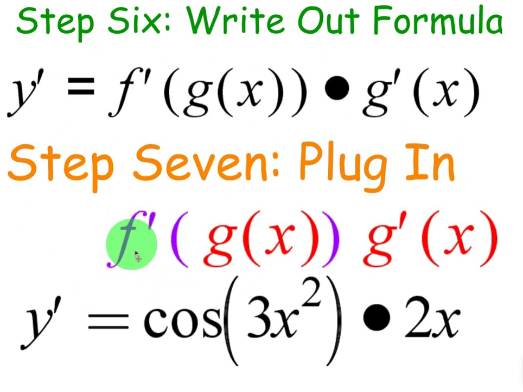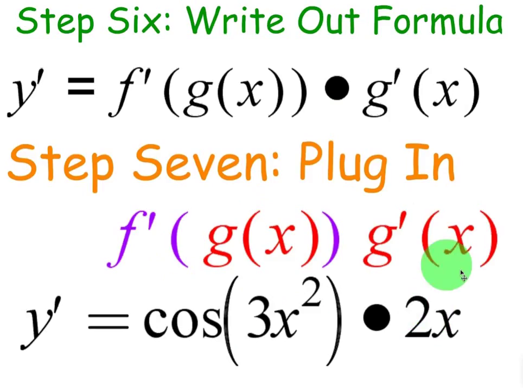And so I actually like to show that step. I'm plugging in g of x every time there's an x in f prime. And so the way that would look is, since f prime is cosine of x, I'm plugging in g for x, so it's cosine of x squared. And then according to our chain rule, we multiply by g prime. In this case, we figured out that was 2x.